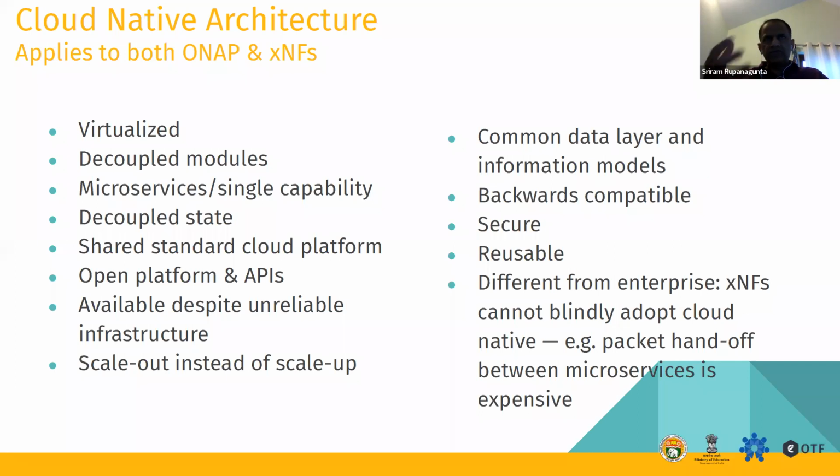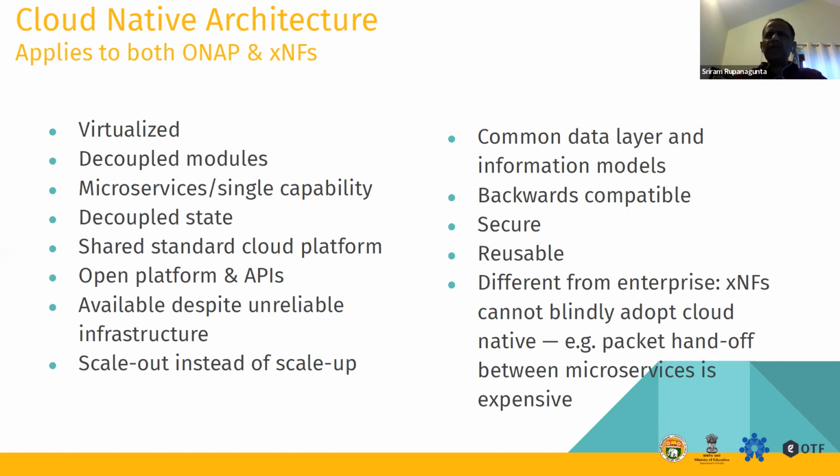They run as either virtual machines or containers, and they're all decoupled modules running as individual microservices. Each microservice works completely independently in a decoupled manner, and you can mix and match them. And of course, they're all open platforms with open APIs, so people can build applications on top of them using the standard APIs.